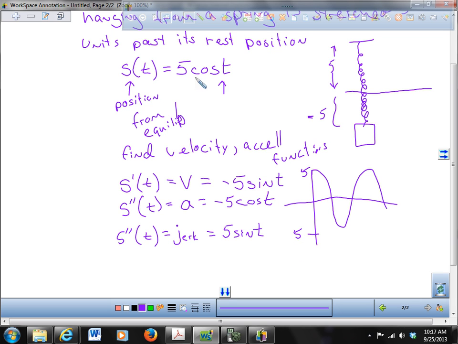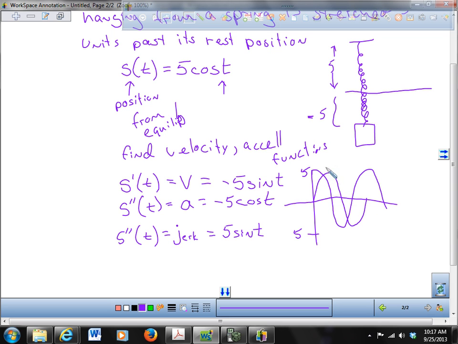And velocity, I did that right? Sine, cosine, 5 sine of t. And I were to graph 5 sine of t, which looks like this, and like this, and like this.